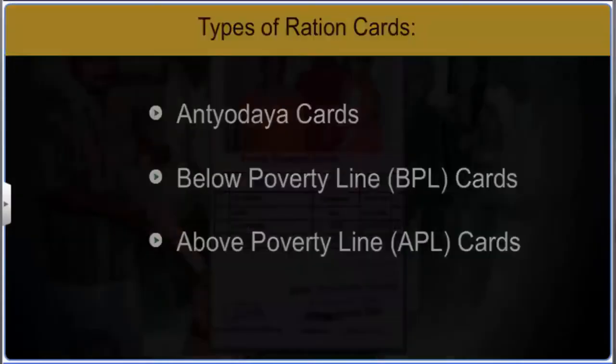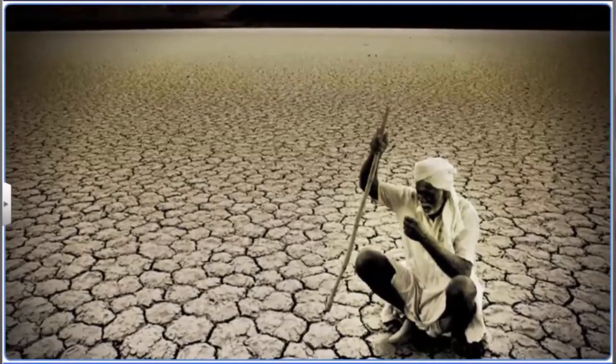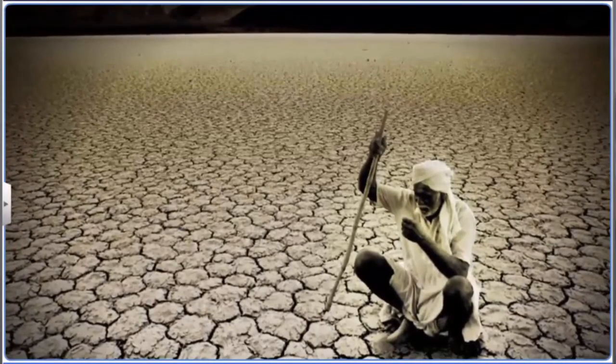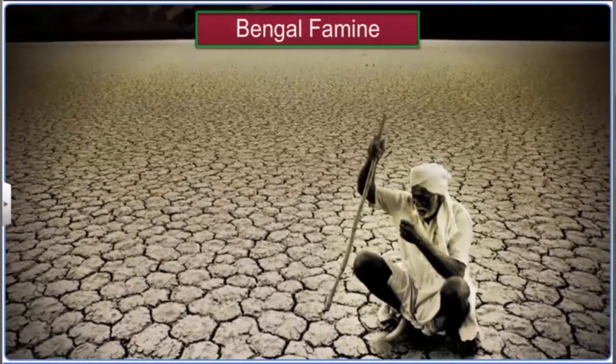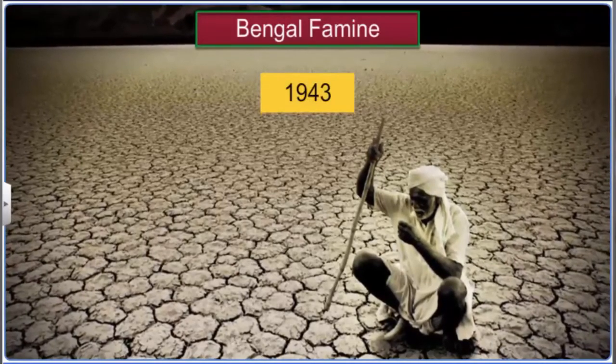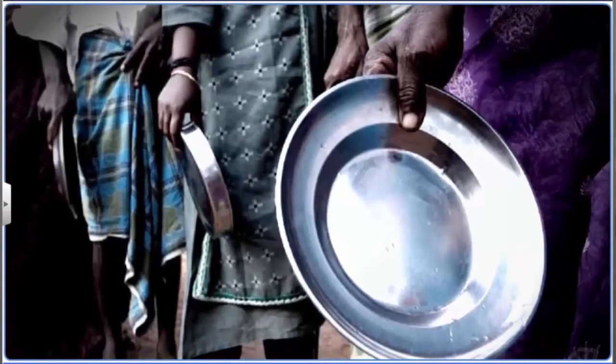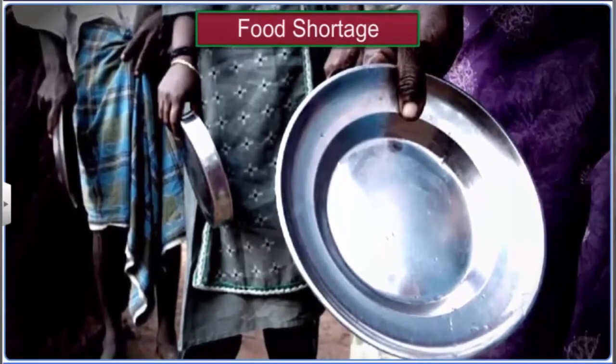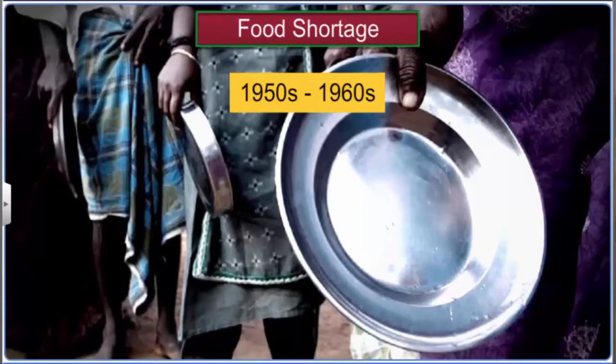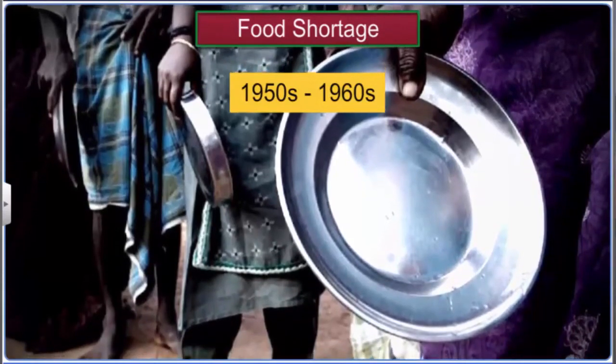Looking back in history, the rationing of food in India began after the Bengal famine in 1943. The need for food rationing was further underlined by the severe shortage of food in India in the 1950s and the 1960s before the Green Revolution.